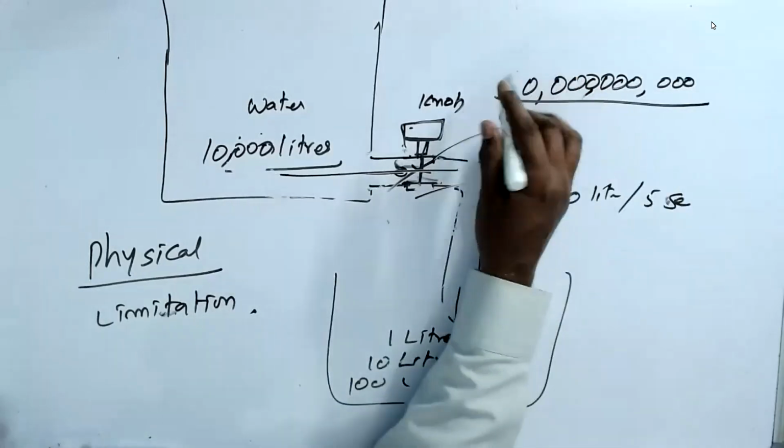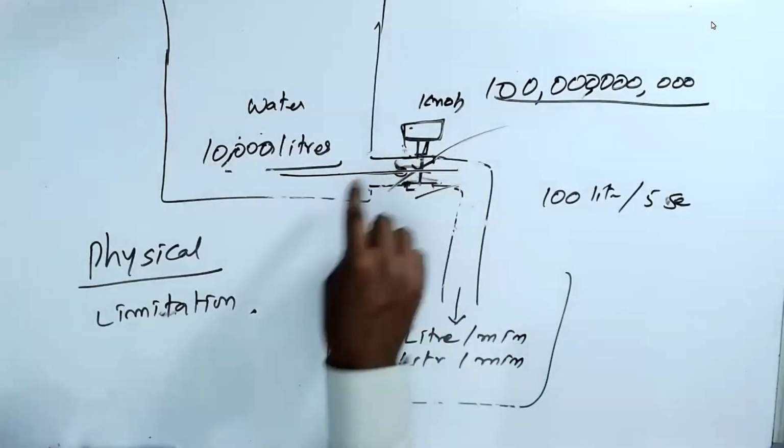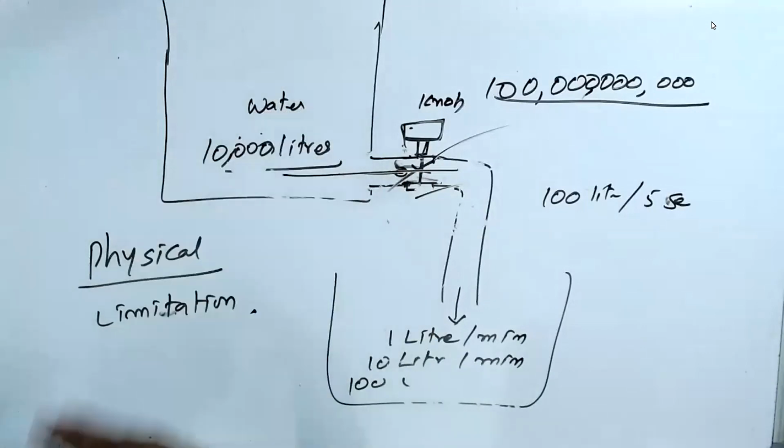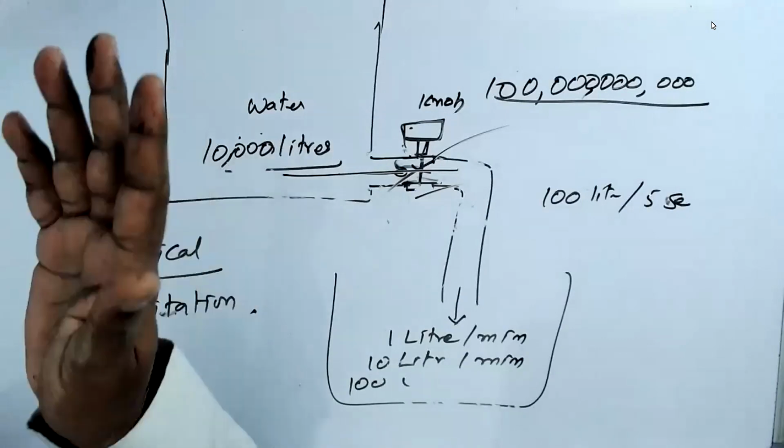How are they putting 100 billion transistors inside the chip? Such a small silicon, how come they do that? Yes, that's why I'm saying the size of the pipe matters, and the size of the knob matters, and the water tank's pressure matters. The pressure also matters, how high it is.